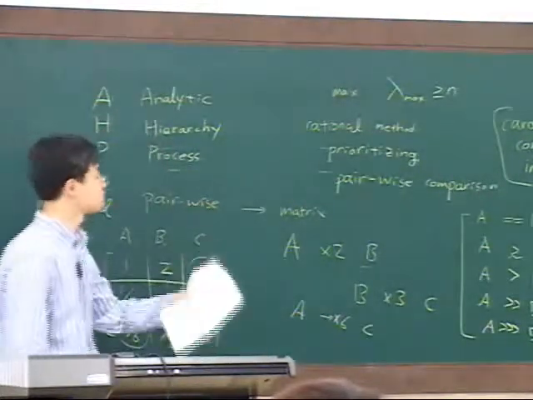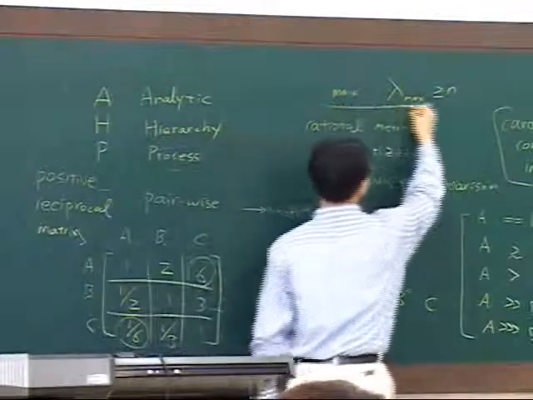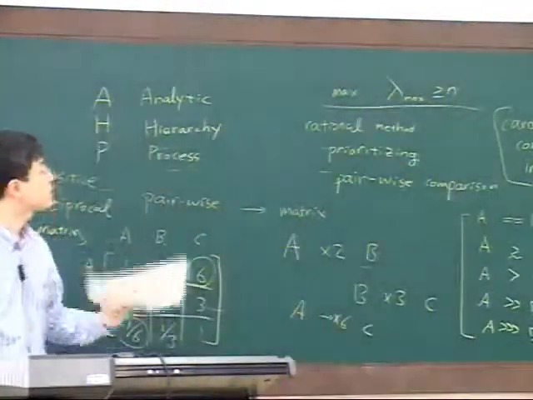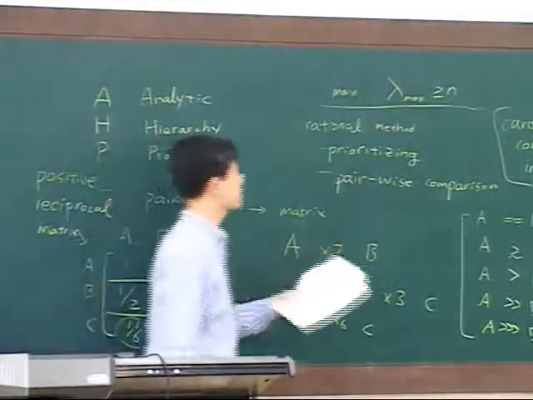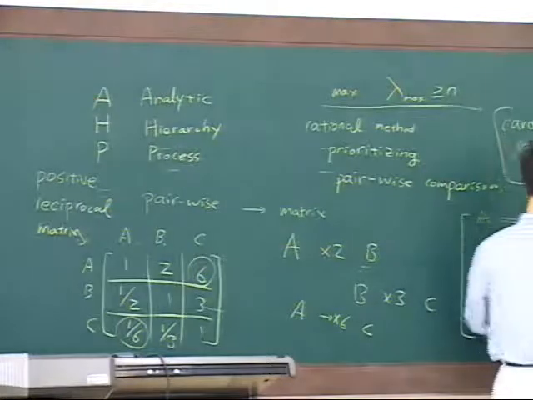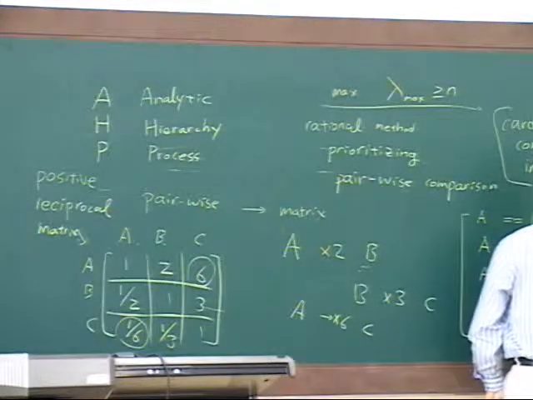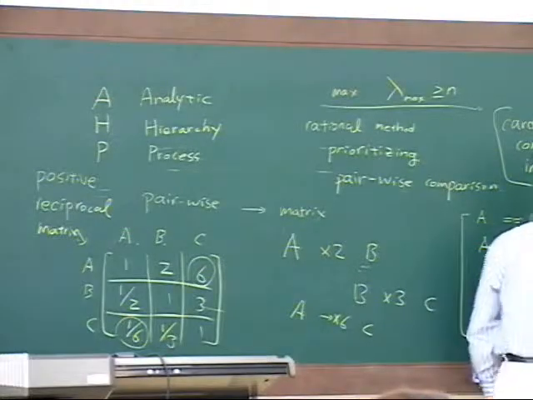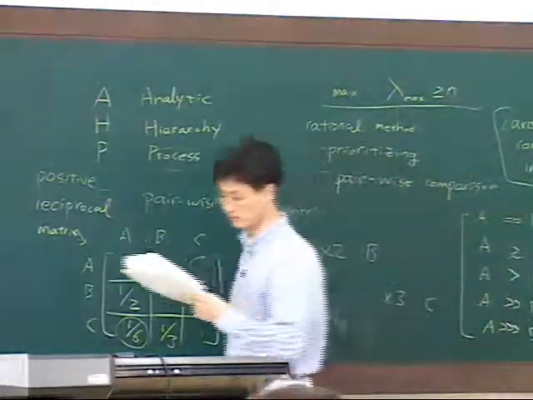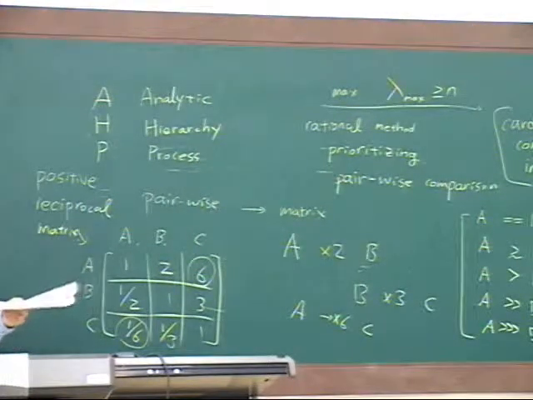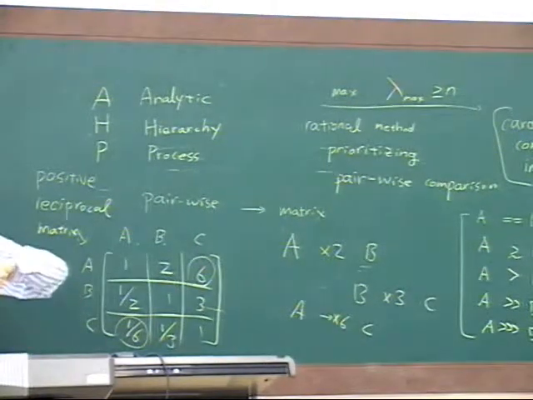So that is the one thing we need to calculate, this consistency index, which is defined as lambda max minus n, divided by n minus 1. Okay?